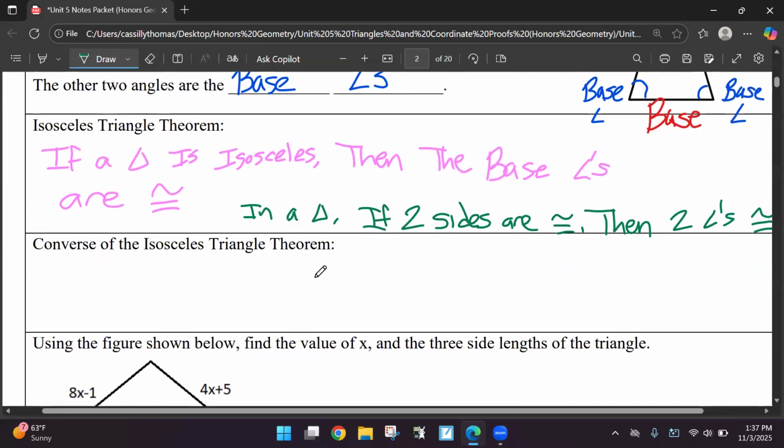The converse of the isosceles triangle theorem. Remember, converse goes Q arrow P. So we're going to say, if in a triangle base angles are congruent, then two sides are congruent.